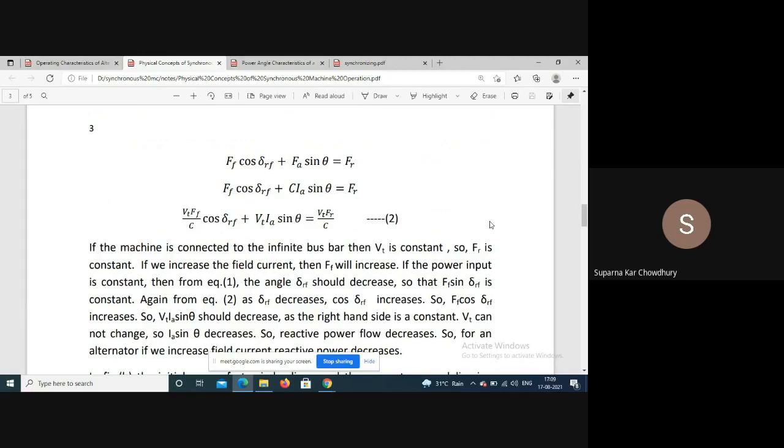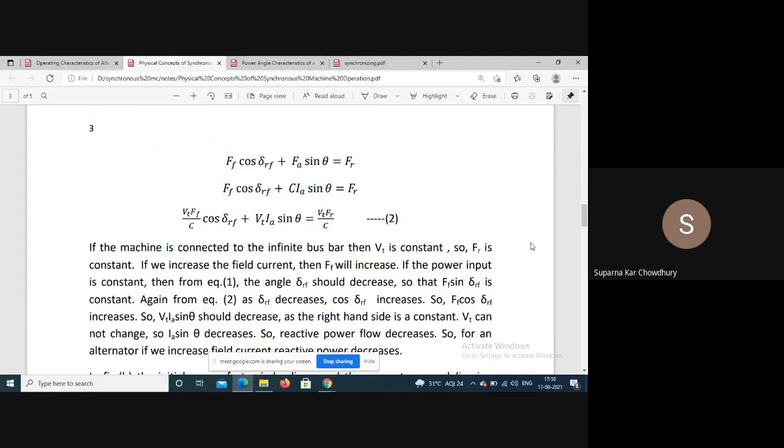So the power factor of the machine will change. So the power factor of the synchronous machine depends on its excitation. For a machine which is connected to the bus bar, the power factor at which it is operating will depend on its excitation.